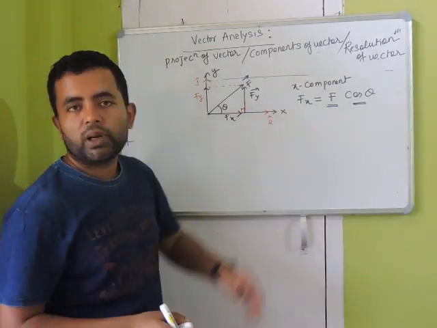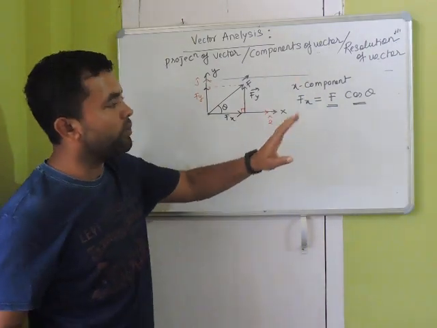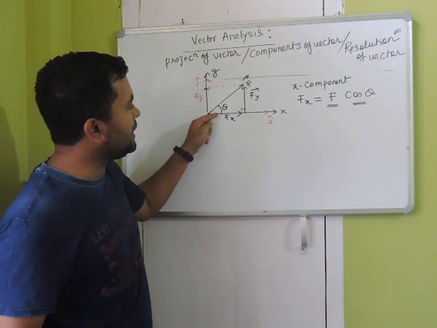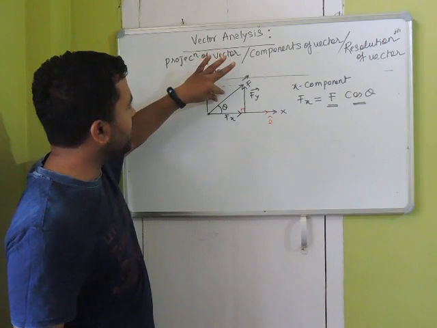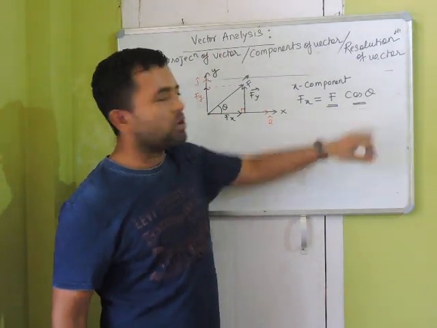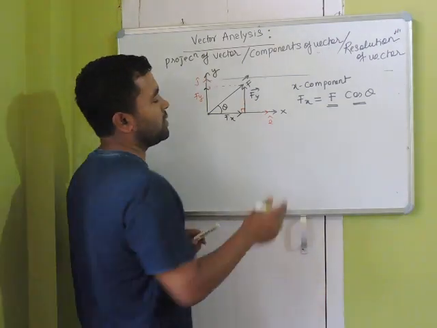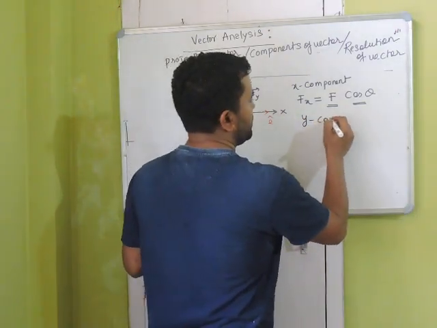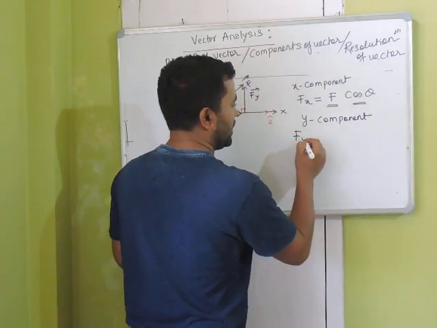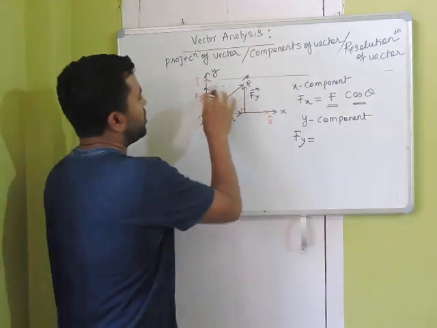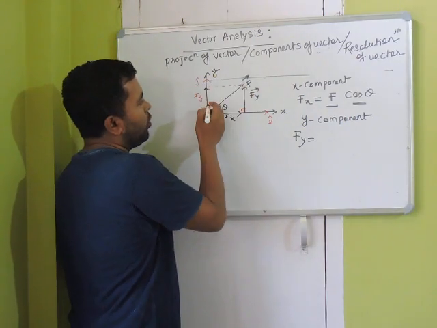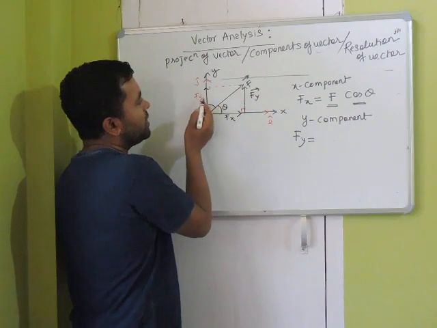So what is the x component of force? If you know the vector, let us say F, and if you know the theta, then you multiply that length of the vector F with cos theta, that will give you the x component. How to find the y component? Y component is again given by the same thing. Fy is F times cos of the angle it is making with the y-axis.